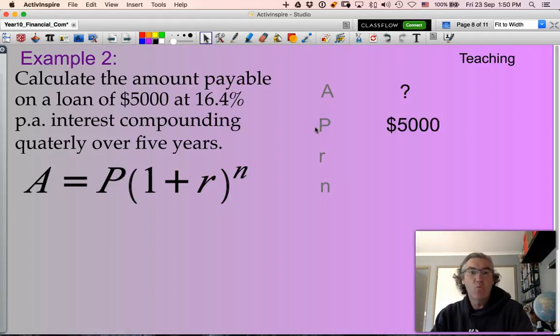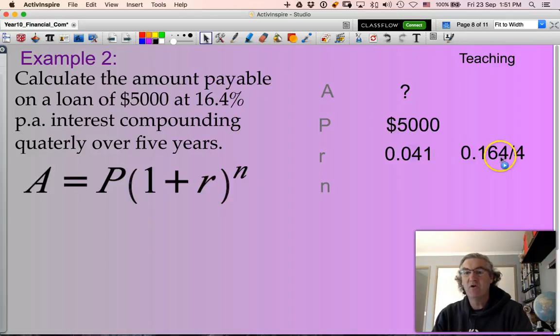Now, what we need to consider is the rate. My compounding period, in other words, my interest is going to be calculated quarterly. So I am not being charged 16.4% per quarter, but rather 4.1%, or as a decimal, 0.041.